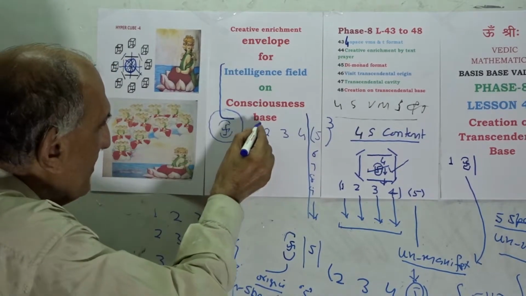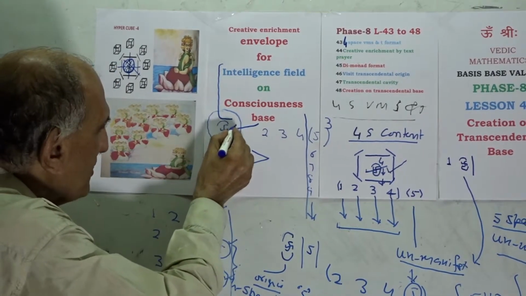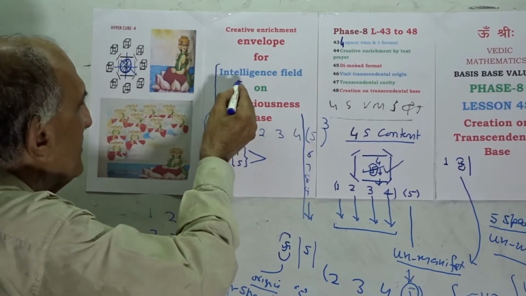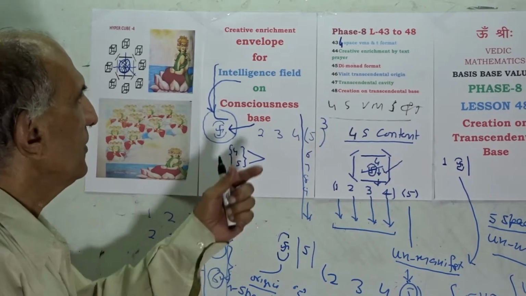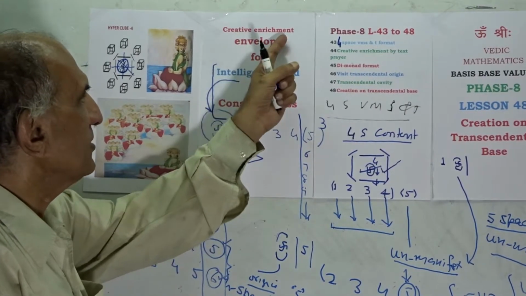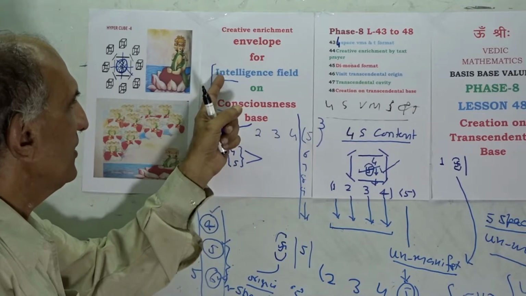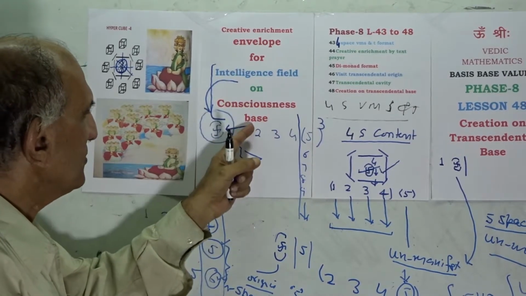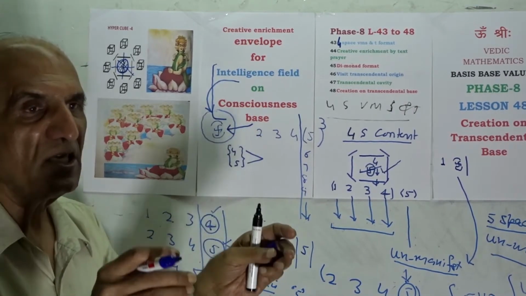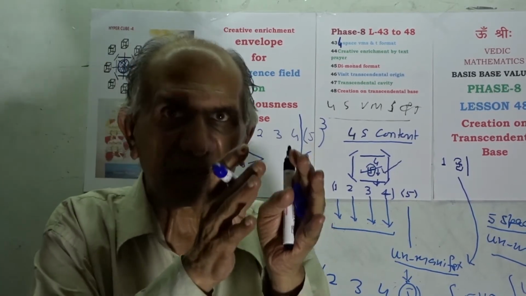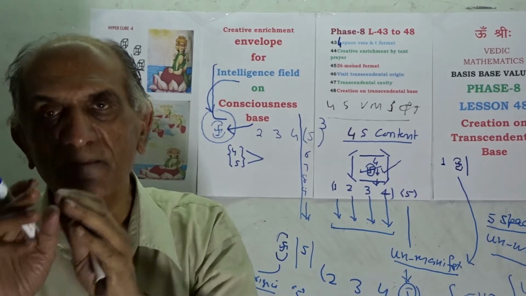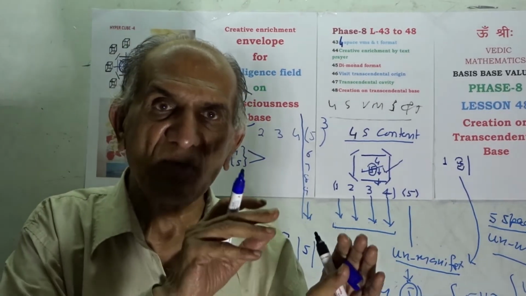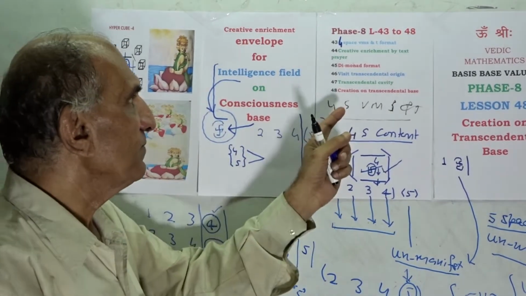Therefore, the consciousness base takes us to the transcendental domain, while the intelligence field takes us to the creative boundary. Therefore, the creative enrichment envelope for the intelligence field on the consciousness base is the basic breakthrough, is the basic reach, is the basic attainment of our chase of phase 8.